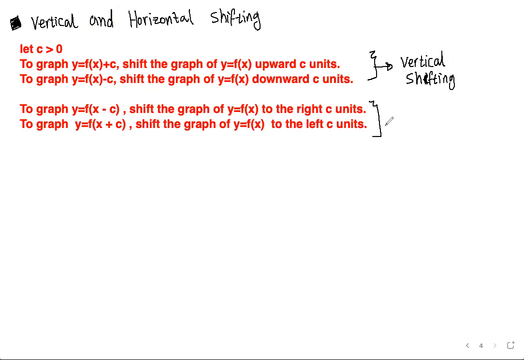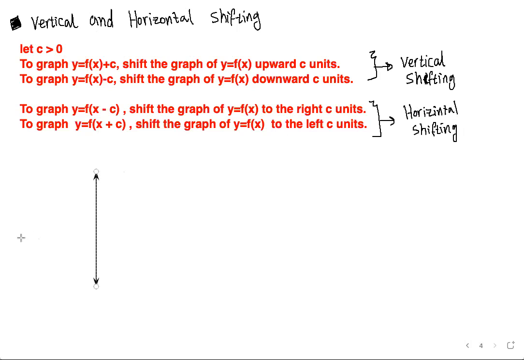And for these two, it is horizontal shifting. Okay, let me explain before I give you an example. What is the meaning of this? And what is the meaning of vertical and horizontal shifting?